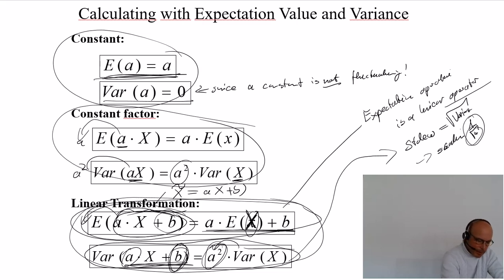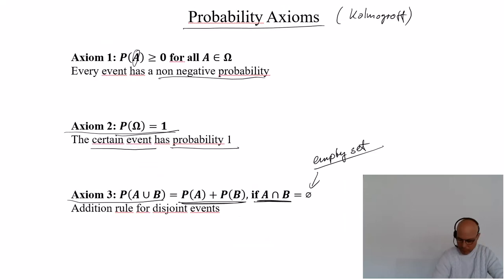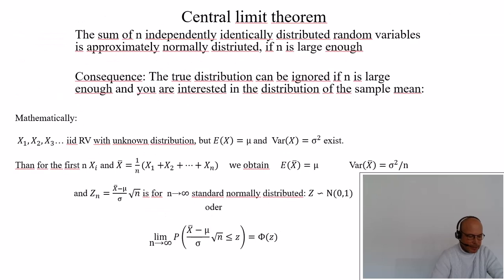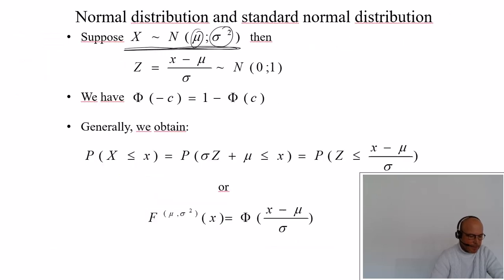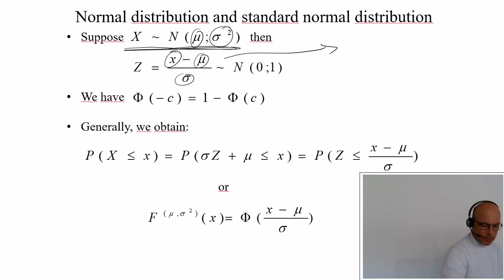We linearly transform our variable x to z, and z is given by our original variable x minus the expected value over the standard deviation.